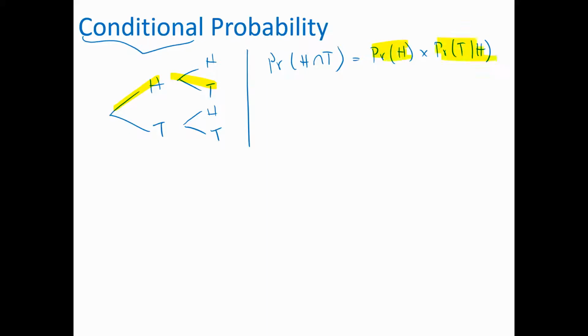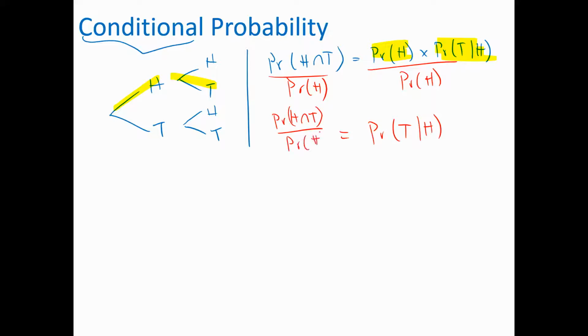Now, if it is dependency, if I rearrange this equation, this is the formula that I gave to you yesterday. If you divide both sides by the probability of H, this is your formula for the probability of T given H, which is equal to the probability of H intersection T over the probability of H. This is where you learnt it last year.